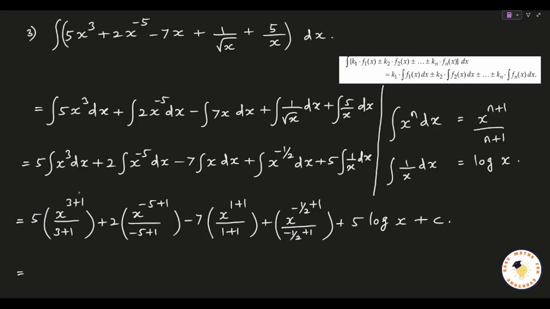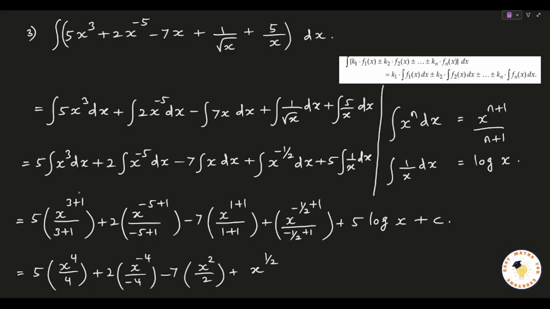Further reducing we get 5 into x power 4 by 4 plus 2 into x power minus 4 by minus 4 minus 7 into x square by 2 plus x power 1 by 2 by 1 by 2 minus 1 by 2 plus 1 is plus 1 by 2 plus 5 log x plus c.